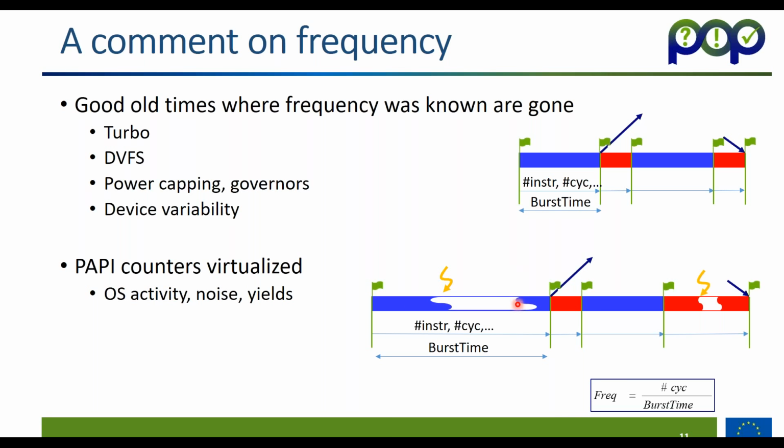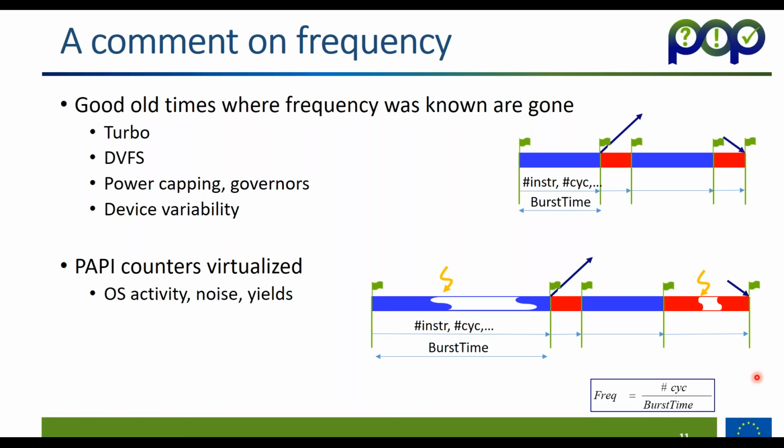Of course, there is no way to inhibit that, but it will not account the number of instructions and cycles in this interval to the actual read that is done at the end of the period. So what should have taken this amount of time will actually take this amount of time, but will have the same, or essentially equivalent, number of cycles and the same number of instructions. The result is that the effective frequency, as reported by this metric, will be less than what we consider the nominal frequency of the device.